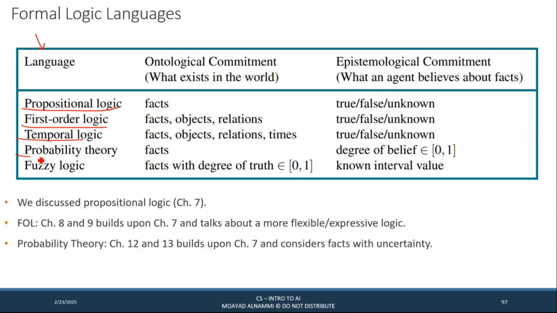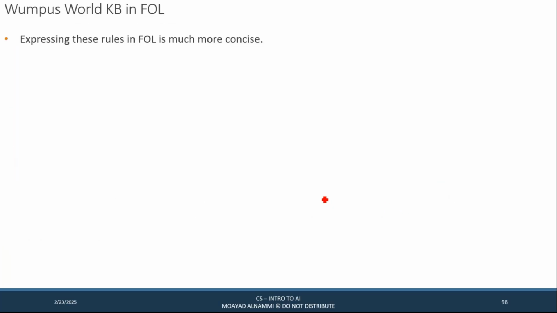But for this course, we will talk in the next topic about how to use probability theory to model uncertainty about the facts. So instead of asking, is there a pit at location i, j, which with propositional logic is either true or false, with probability theory we can ask, what is the probability that there is a pit at i, j? And so we can get a value between 0 and 1.